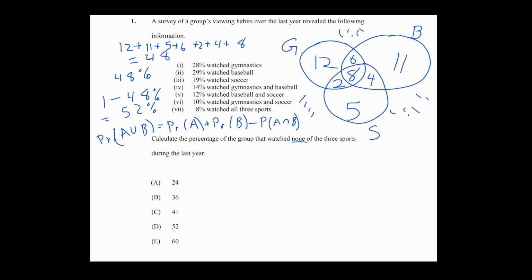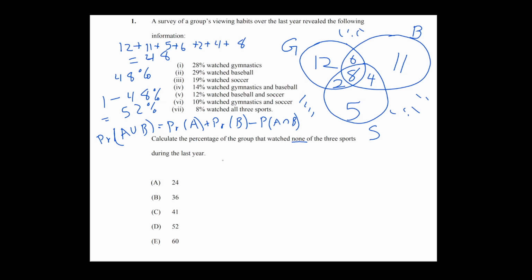It's because if we add the entire circle for both gymnastics and baseball, we are double counting this middle portion. So we don't want to do that. So it's kind of like a heat map. So this gets double heated and you want to remove one layer just to make everything even. So that's the first principles in a formulaic way.